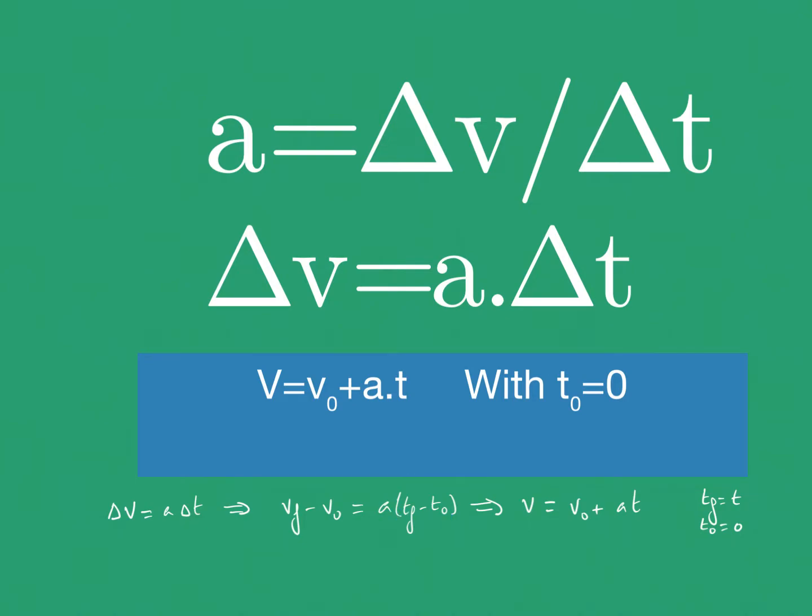If we write t initial as 0, t final as t, and v final as v, we obtain v minus v0 equals a times t, or equivalently v equals v0 plus a times t. So this is the equation that gives the velocity when there is a constant acceleration.